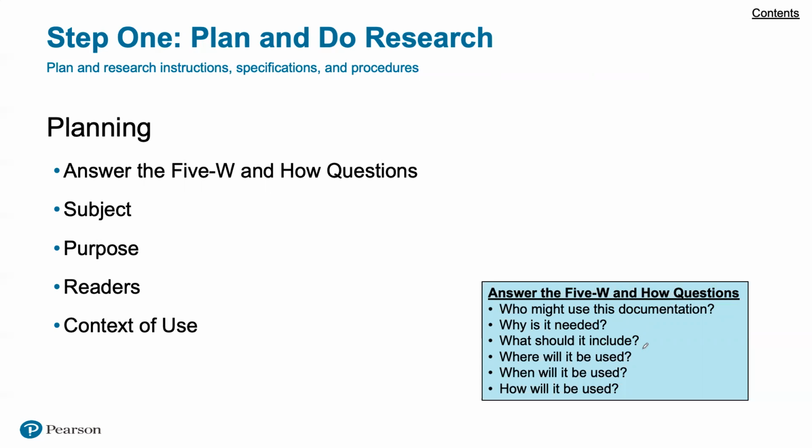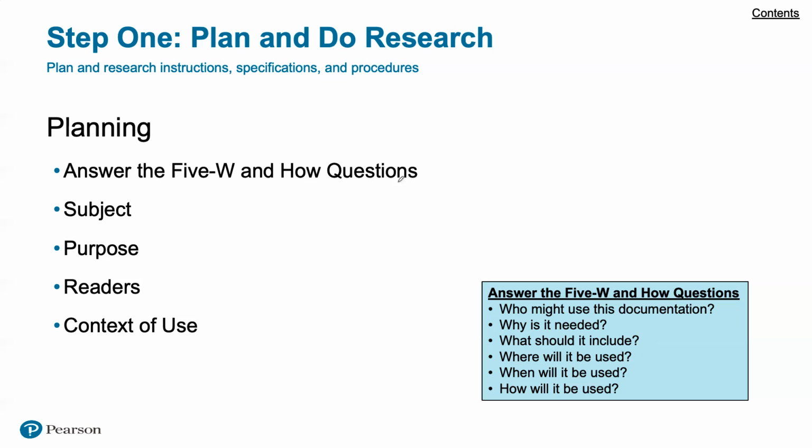You want to make sure that it is complete and exhaustive for the purpose of how it's going to be used. Where will it be used? That could impact the type of media that is prepared to have it utilized on. When will it be used and how will it be used?